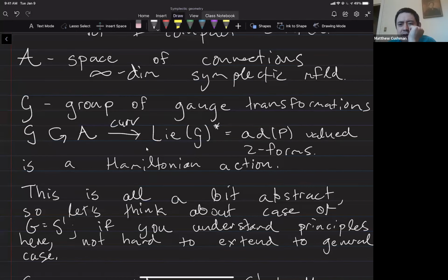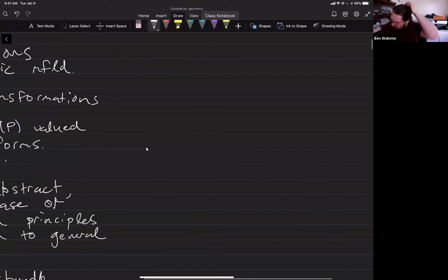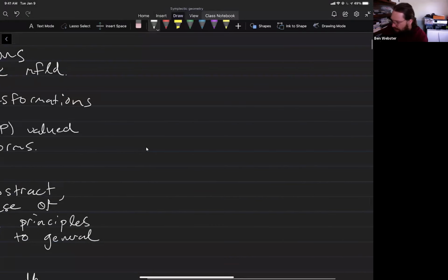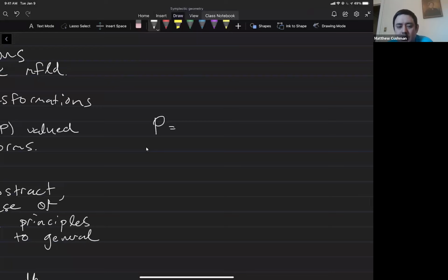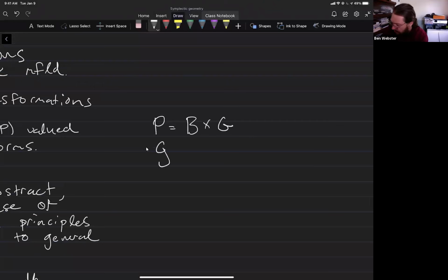The point here is, let me simplify my life and think that my principal bundle is trivial, and thus avoid these issues about having to take associated bundles for the adjoint action. So in this case, the gauge group is maps from the base into the group.